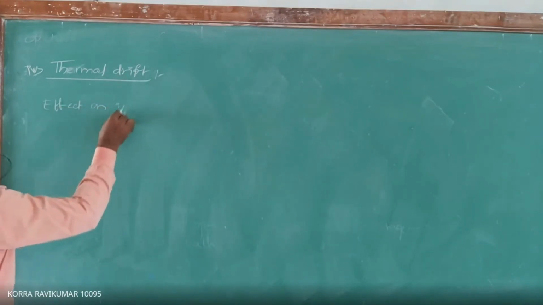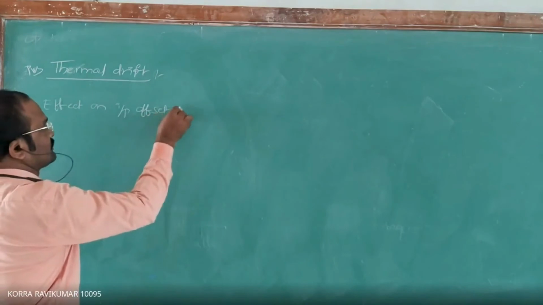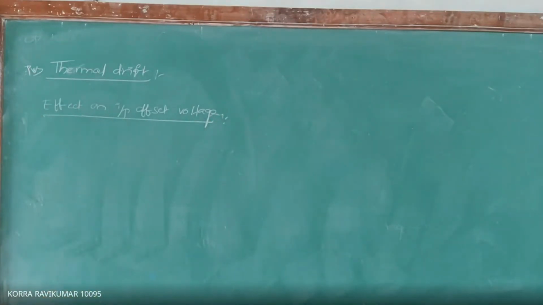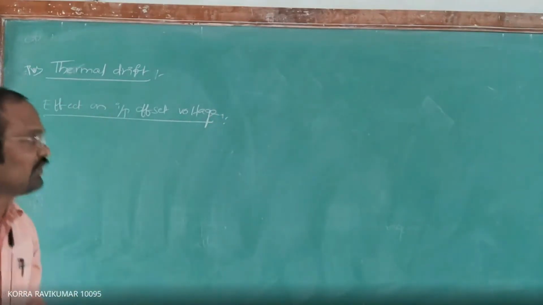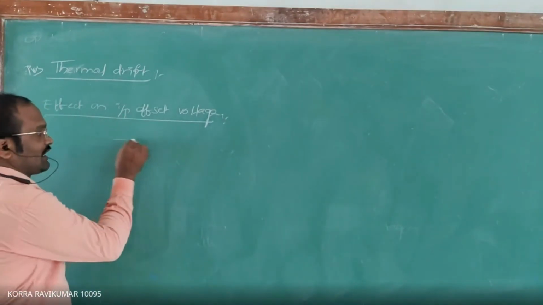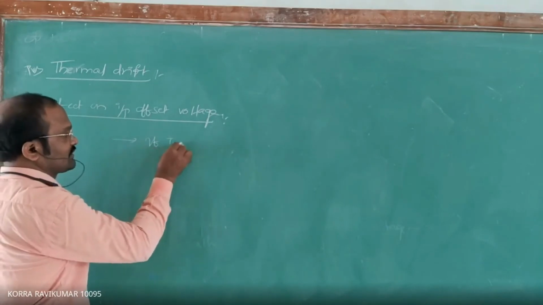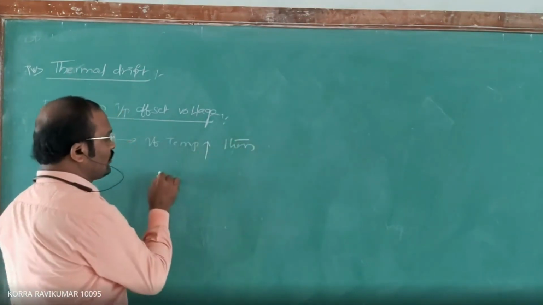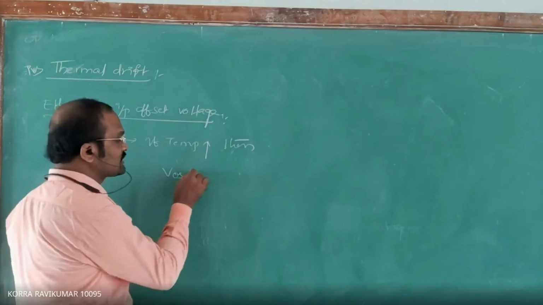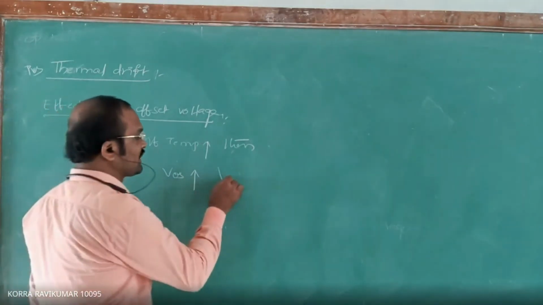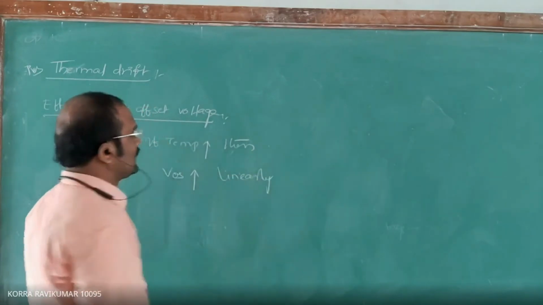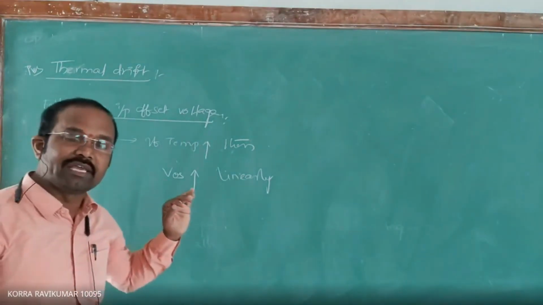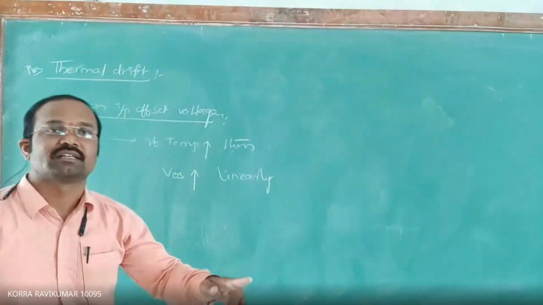Here, the value of input offset voltage, if temperature increases, then the input offset voltage also increases linearly. If temperature decreases, input offset voltage also decreases linearly.